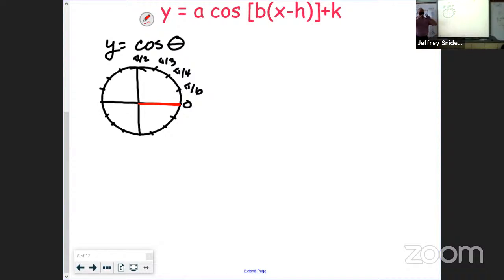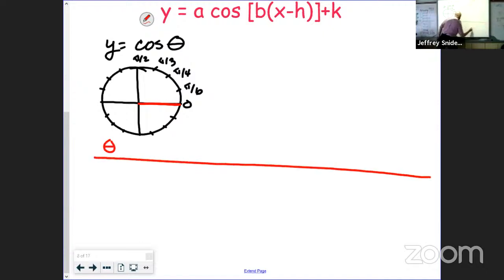So let's go ahead. I'm going to do this one just a little bit different than I did yesterday. We're just going to create a table of values real fast, for the familiar angles, and then we're going to plot our points. So here's my theta value, and right below that the cosine of theta. And I'm just going to write down my familiar angles.